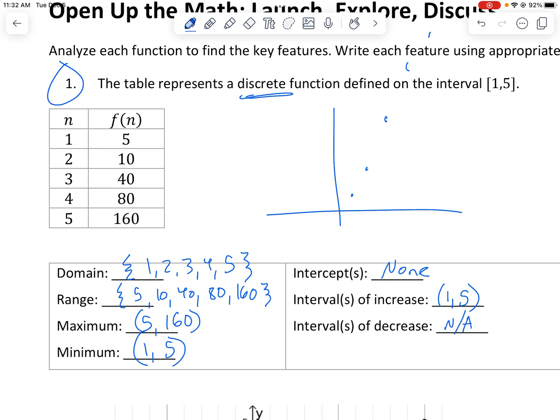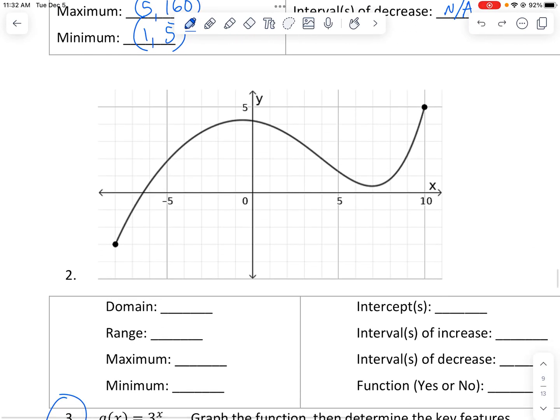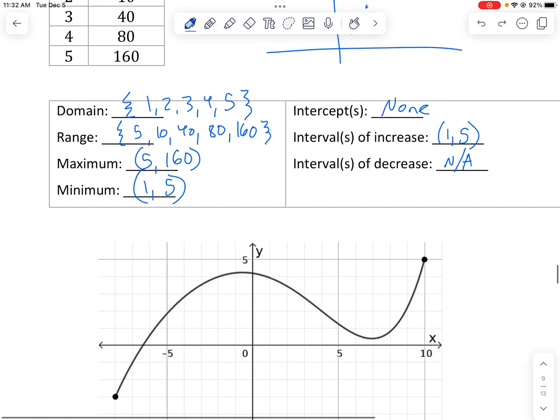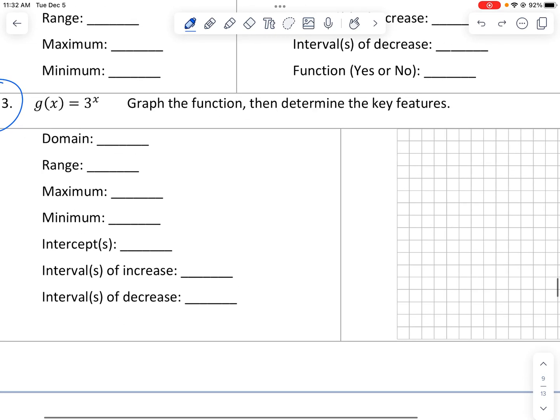So you could put none or NA, something like that. And so yeah, there's kind of an example there. This one's a little bit different because it's discrete, which is why I wanted to go over it with you. On a lot of the other ones we've been looking at, we have intervals and they're all continuous, and so you're going to use intervals to describe domain and range and things like that, unlike this one, which is just the individual values.